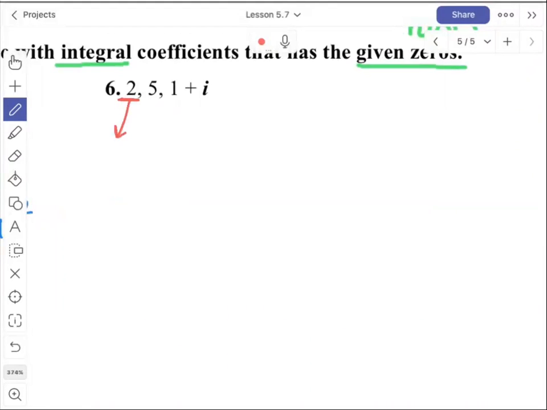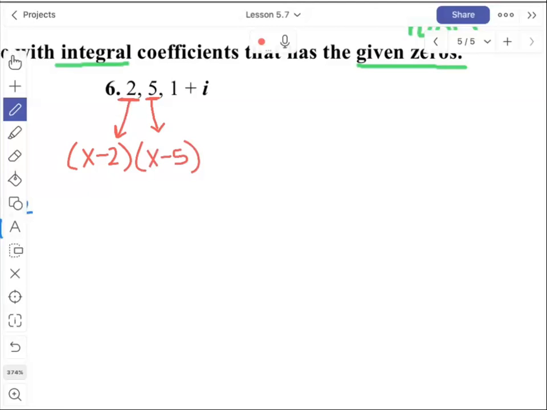So x minus 2. Good, nice, Angie. You got it. All right, next one, the 5. Gloria, what factor? X minus 5. Good. Okay.